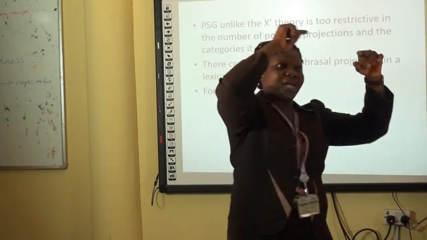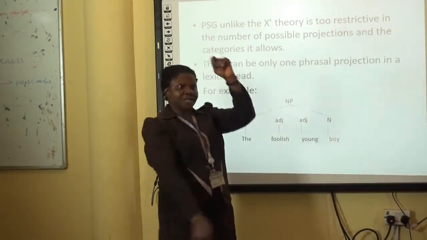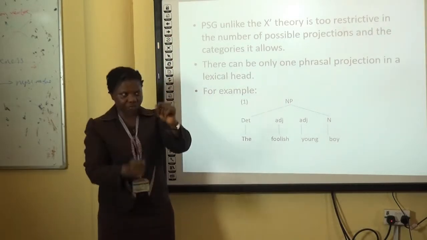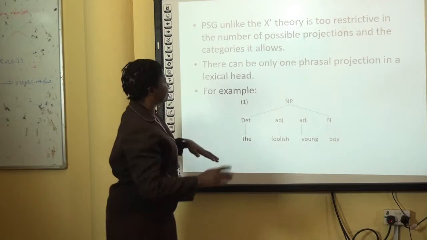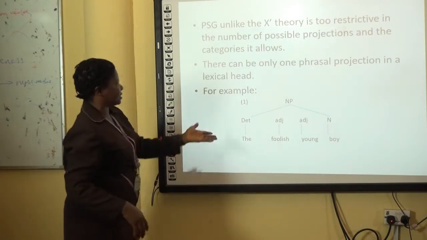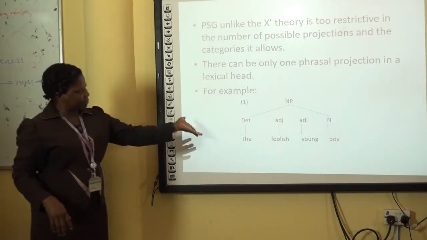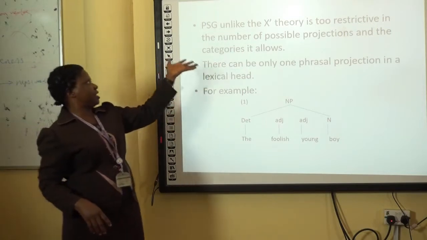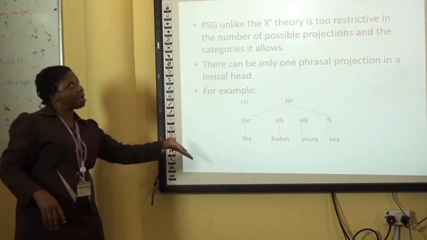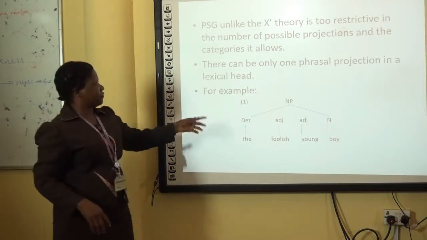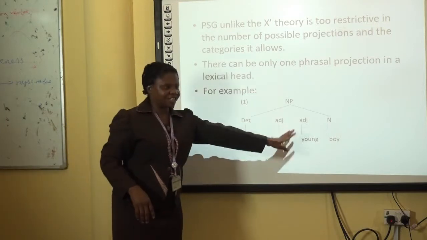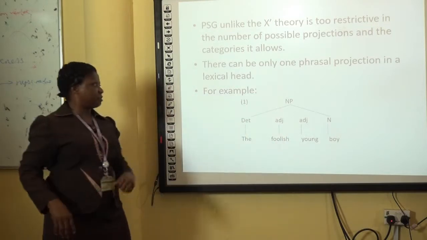You may have the NP, noun phrase, directly connected to the N. You have the VP directly connected to the V and the rest. For instance, look at this example to ascertain the fact that PSG, phrase structure grammar, is too restrictive. We have the NP, determiner, adjective, and noun: the foolish young man.